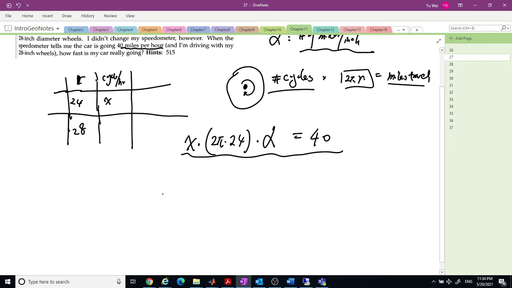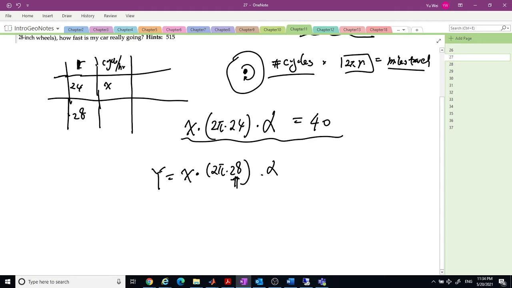So the question is y equals the same number of cycles with the circumference using the radius of 28, times alpha. We want to solve for y. Comparing the two, y over 40 is 28 over 24.